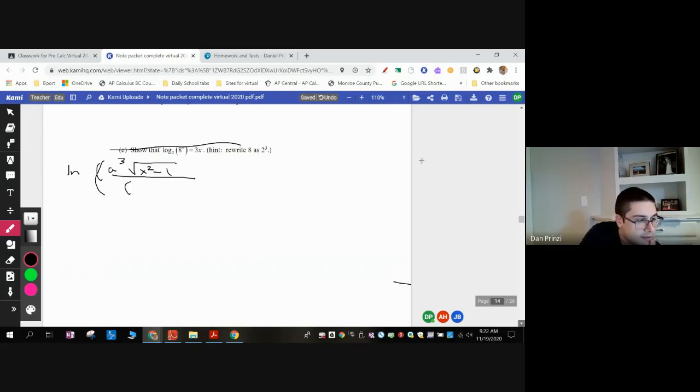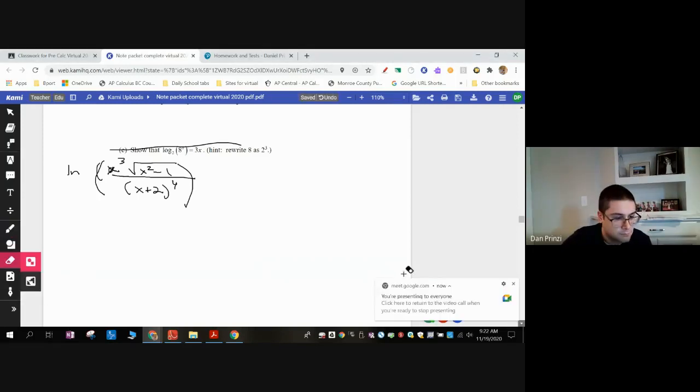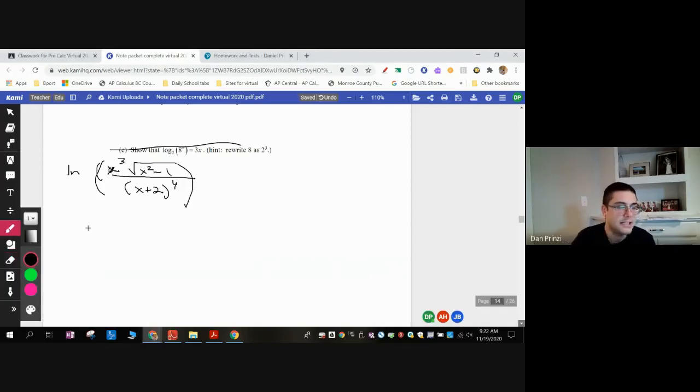Let's make these x's instead of a's. You might want to write that one down. Okay, that looks like a gigantic mess, doesn't it? And all the directions say is expand.